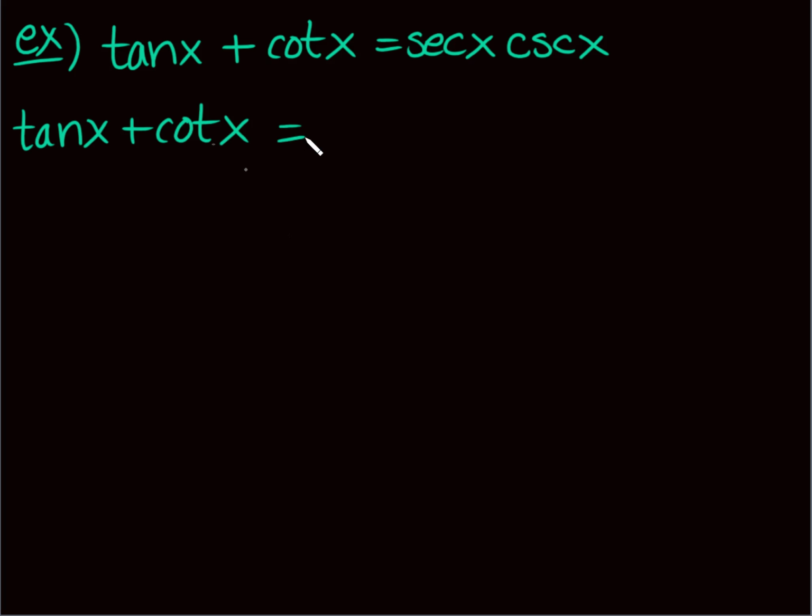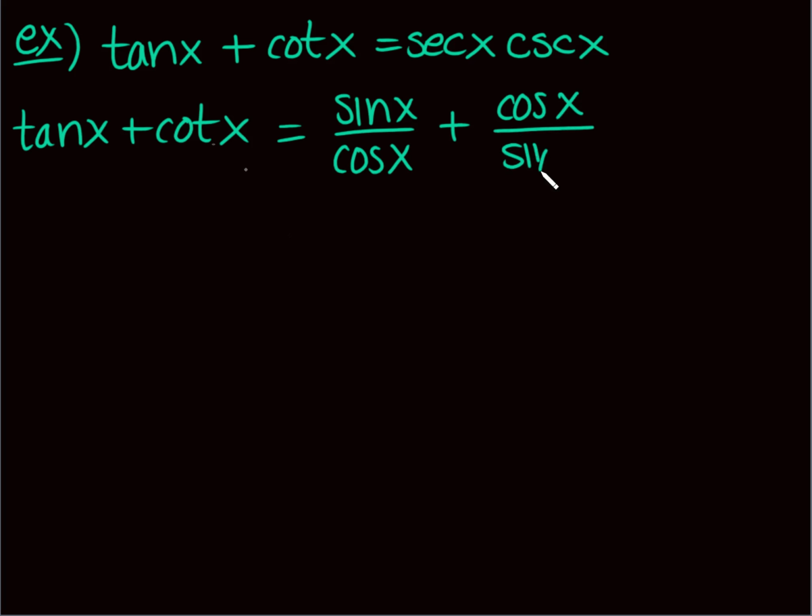So when in doubt, let's turn everything in terms of sine and cosine. I'm going to rewrite tangent as sine x over cosine x plus cosine x over sine x. So really, there is a fraction hiding there that maybe we didn't see at first, and I just have a fraction now that I can combine. What are my common denominators going to be?